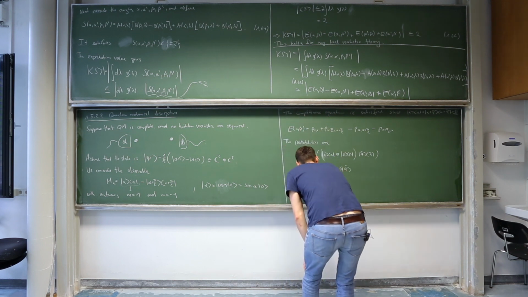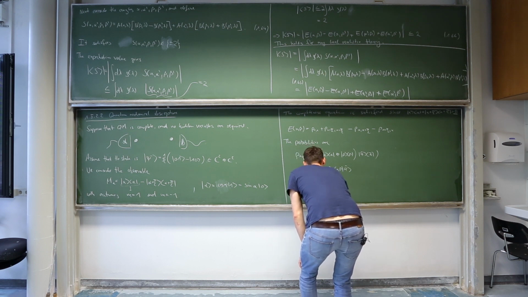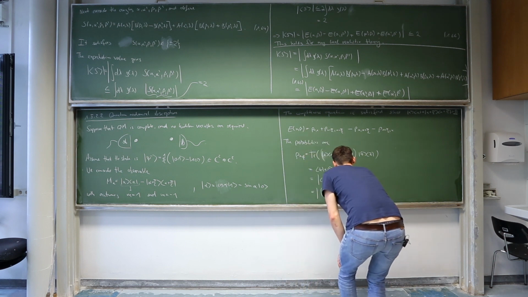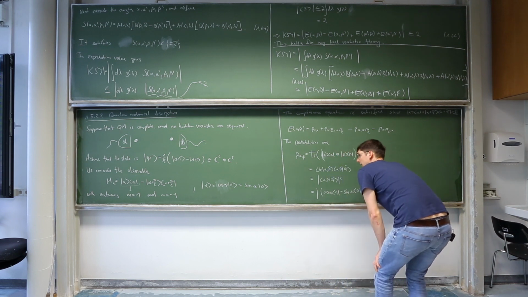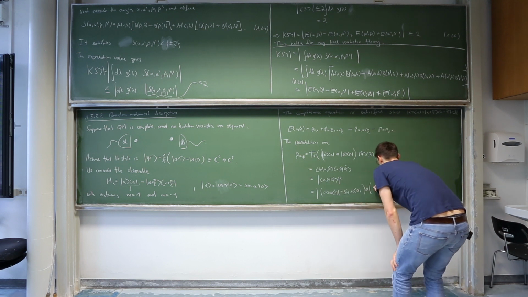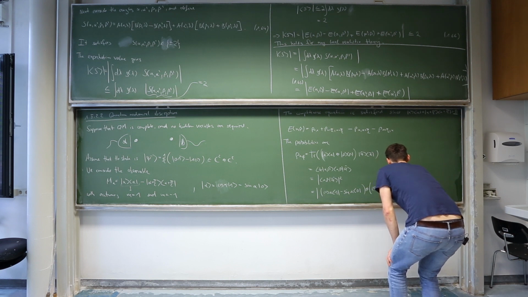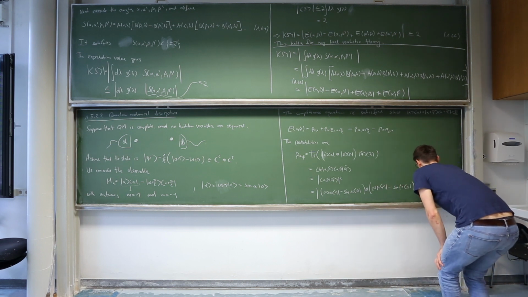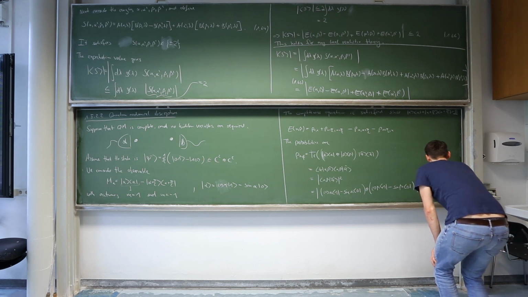So this is equal to the modulus of, this one is cosinus alpha 1 minus sinus alpha 0, and tensor beta, which is cosinus beta 1 minus sinus beta 0. And then we have 1 over square root of 2, 0, 1 minus 1, 0.